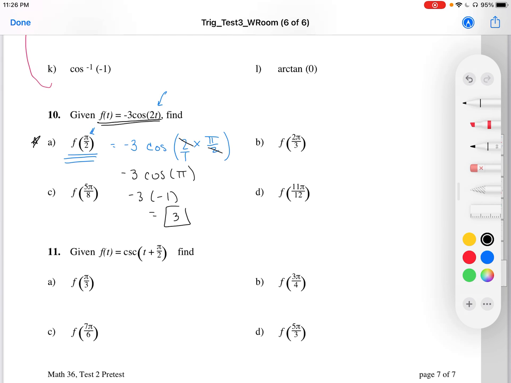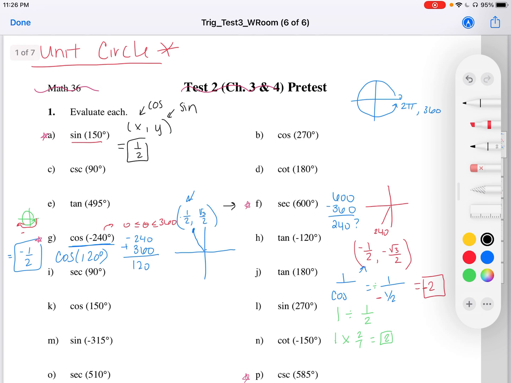All right, this is your test. Now for your test, like always, I'm not monitoring you, so have your notes out. Do all of your homework before you start the test. Your test is really good practice.